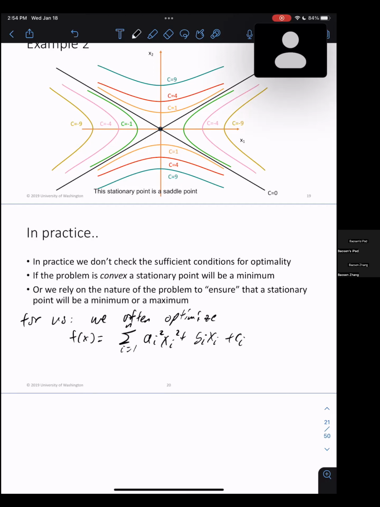The interpretation is each i is a generator, and this is your cost function for a generator. You sum them all up, and you want to minimize the total cost. So for this type of function, if you evaluate the Hessian, what do you get? Let's say you're trying to minimize this thing and evaluate the Hessian.